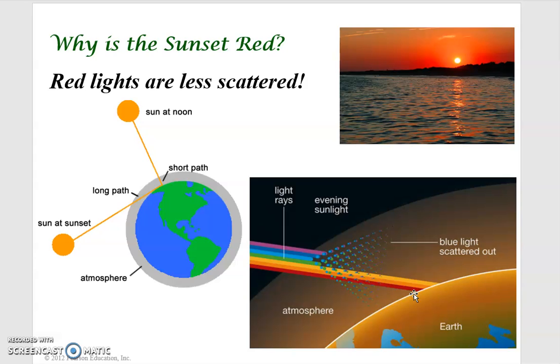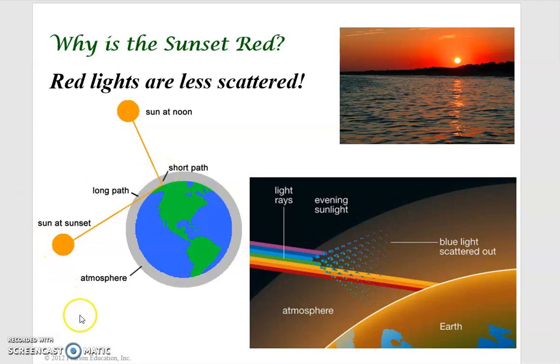But someone will immediately argue that no, during the noontime it is not the case. And you are correct. So here I show you the figures. This is the position of the sun at noon and the sun at sunset. You can see that our layer here is the atmosphere. During the noontime, the light from the sun will penetrate through the atmosphere. There is some scattering of the blue light, but because the path is shorter, not all the blue light is scattered out.